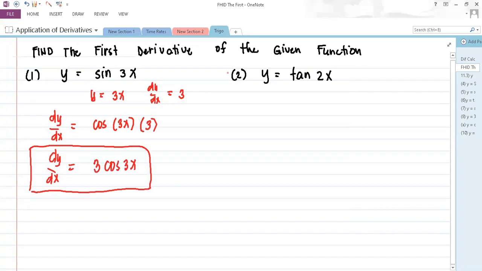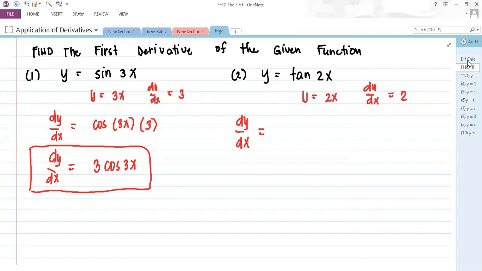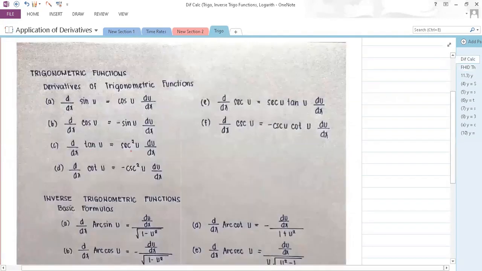Let's take a look at our second example, the derivative of tangent of 2x. Let's denote that our u is 2x, so our du with respect to x is equal to 2. For dy/dx, the derivative of tangent is secant squared of u.